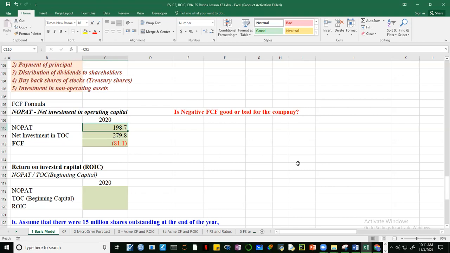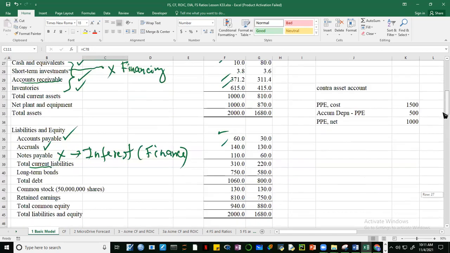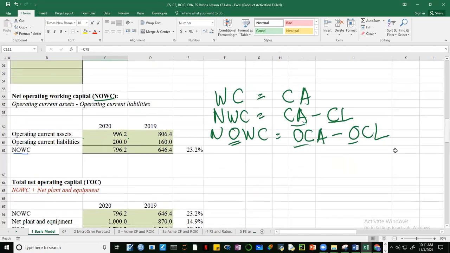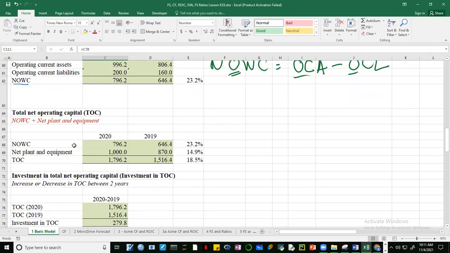It's more forceful. Okay, now, so where did the negative free cash flow come from? It came from the net investment in TOC. Okay, let's study this, guys. What's the net investment in TOC? The net investment in TOC came from your operating current assets and let's pick it from here, your net operating working capital and your net plant and equipment.